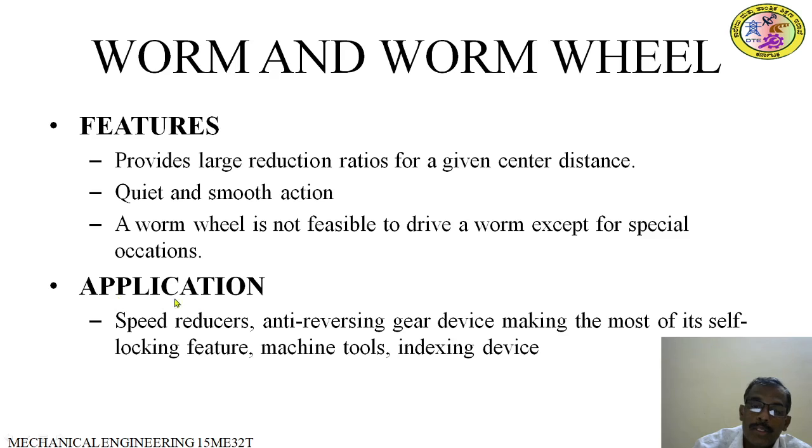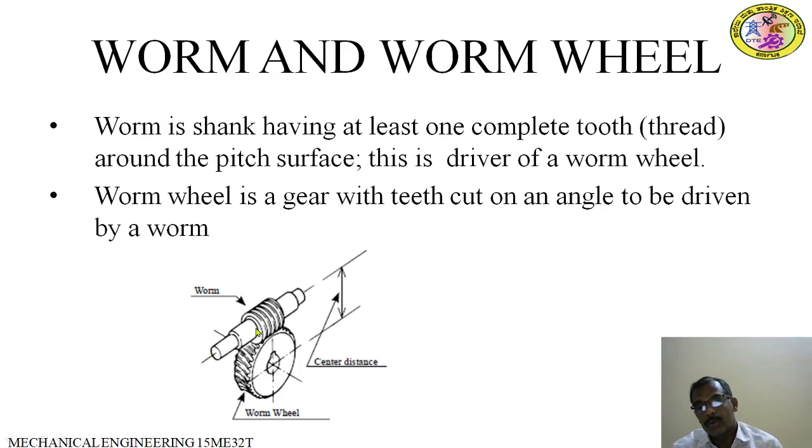Application: here you see a speed reducer. An anti-reversing gear device makes the most of its self-locking feature. This special feature is used in door locking. Observe that the worm can drive the worm wheel, but the worm wheel will not drive the worm.